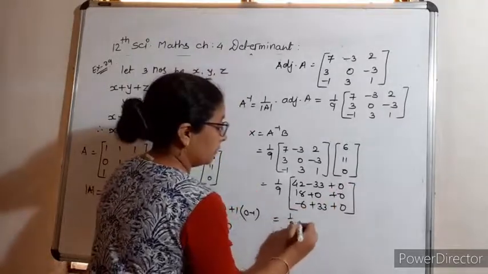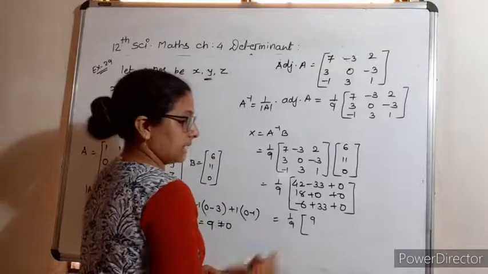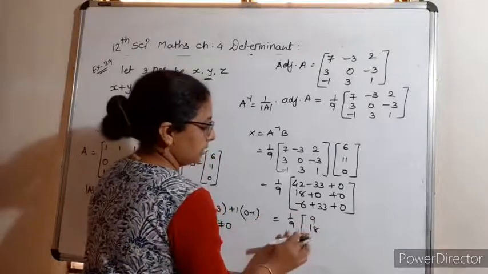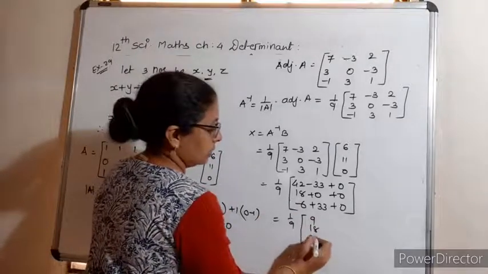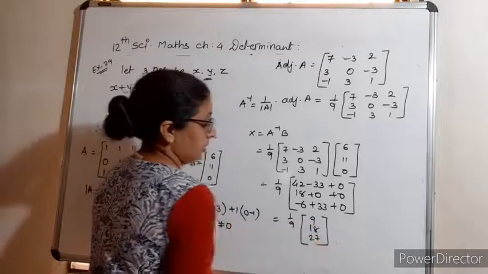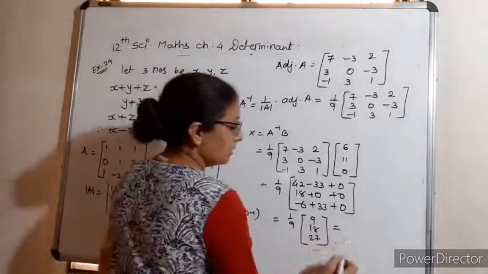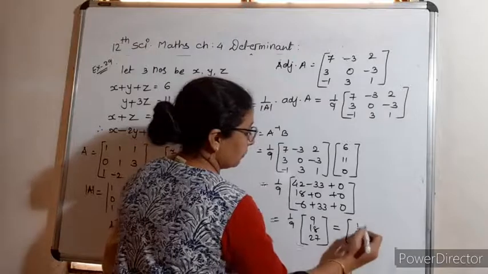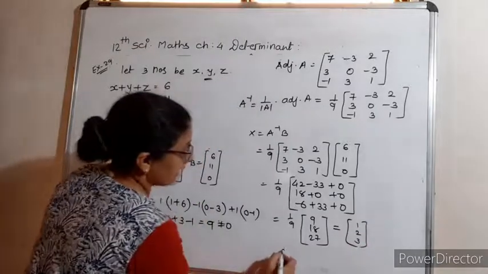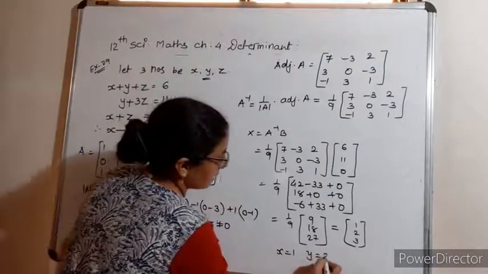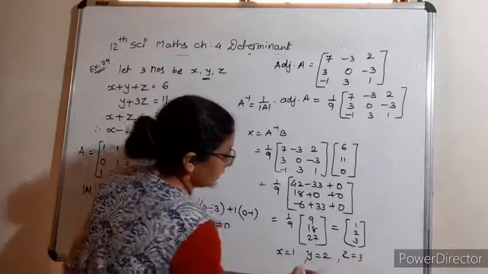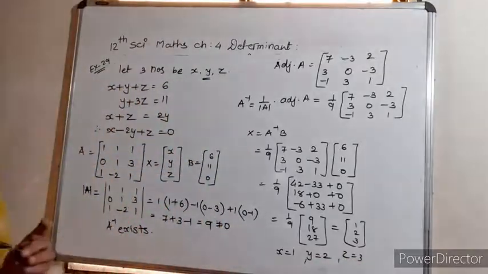Therefore, 1 upon 9, it is 9, 18, 27. So if you multiply inside, it is 1, 2, 3. So we will get the answer x equal to 1, y is equal to 2 and z is equal to 3. That is our answer.